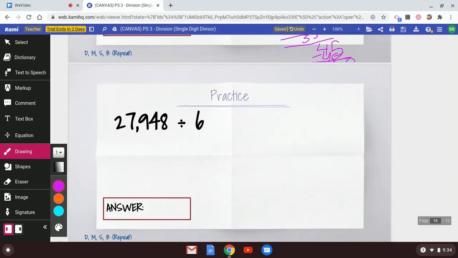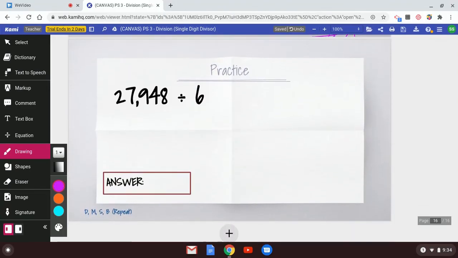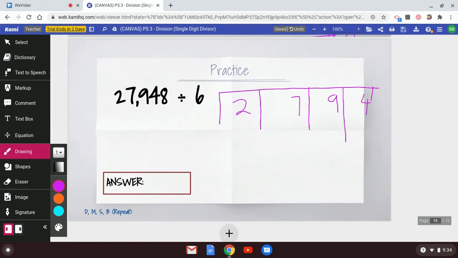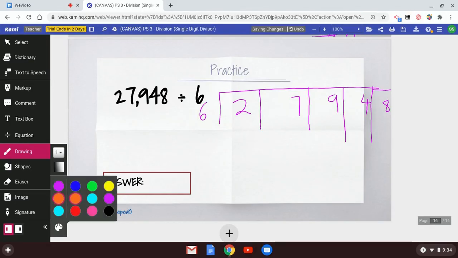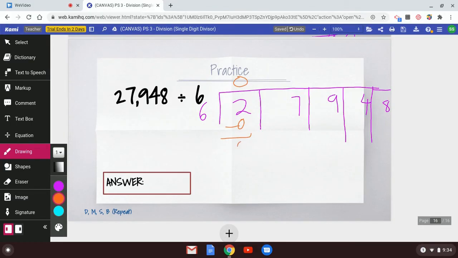All right, now let's do the horizontal method on this one. 2, 7, 9, 4, 8. All right, and I put my 6 out here. 6 goes into 2, 0 times. Bring that up.